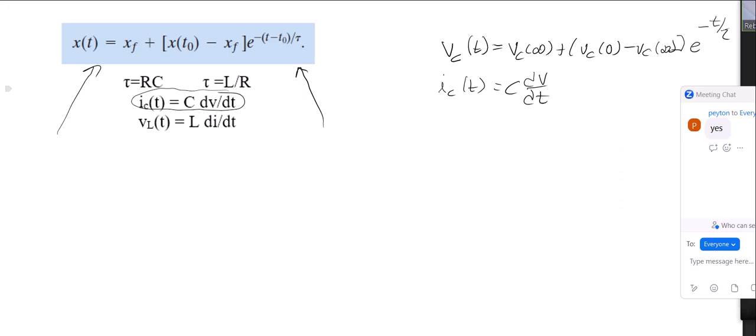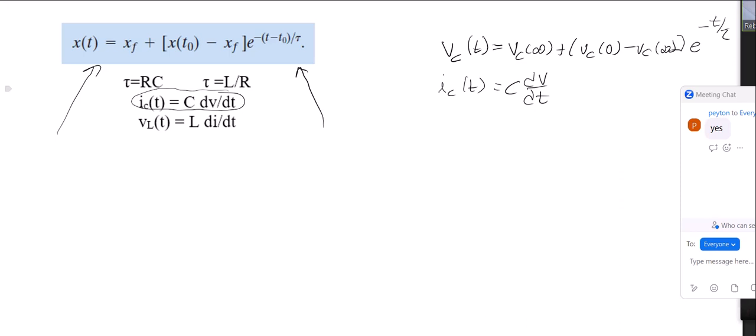So a first order circuit, we're talking about a circuit that has a capacitor or an inductor, but not a capacitor and an inductor, and you can fill in this X with current or voltage or whatever you need for your particular problem. And the F means final, so like at infinity, and the T0 means initial, or at whatever time you're starting.